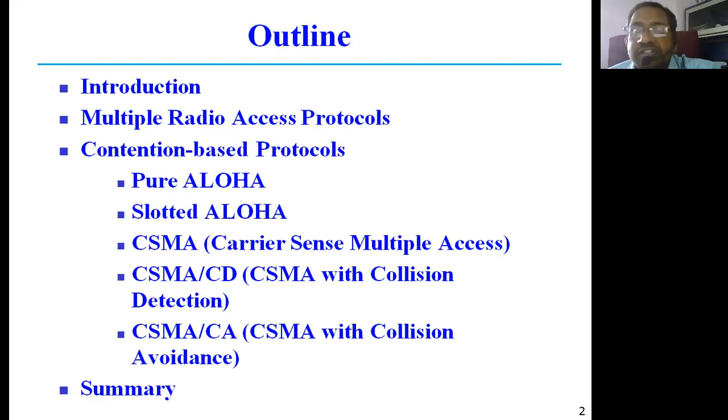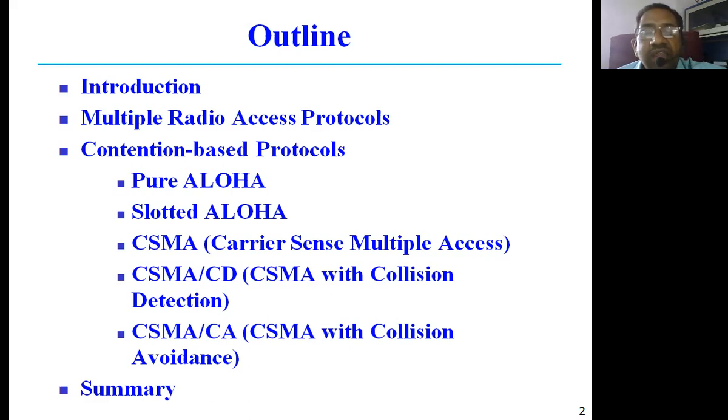And multiple radio access protocols. Now we have two types of protocols here: contention based protocols and contention less protocols. In the contention based protocols, we have pure Aloha, slotted Aloha, and carrier sense multiple access protocols.